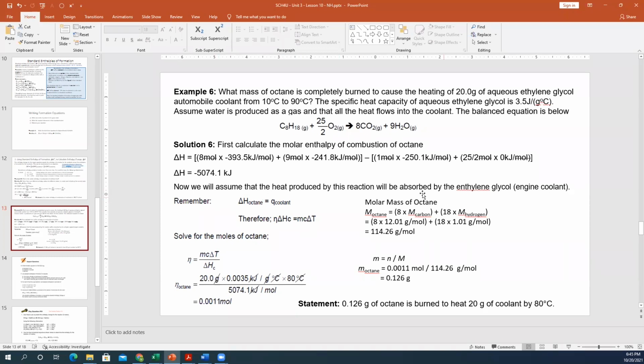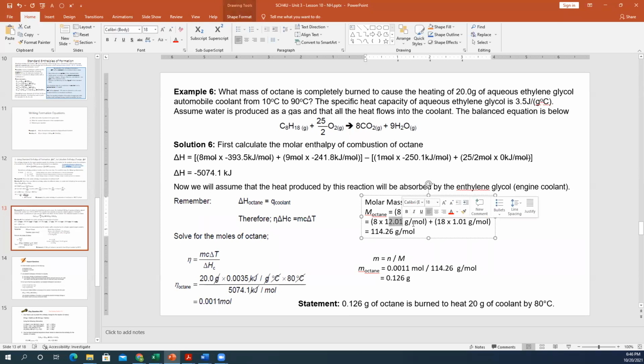But we wonder, first of all, what is the molar mass of octane? We need to know. We have 8 carbons in octane and 18 hydrogens, and we can look up these values. The molar mass of carbon is 12.1 grams per mole.